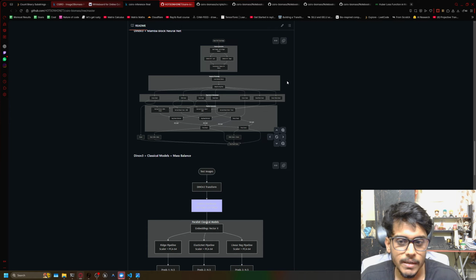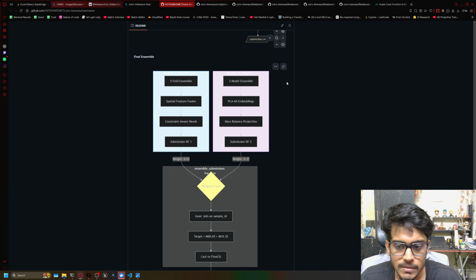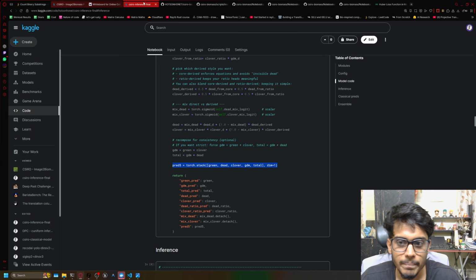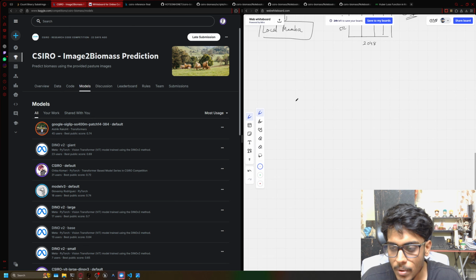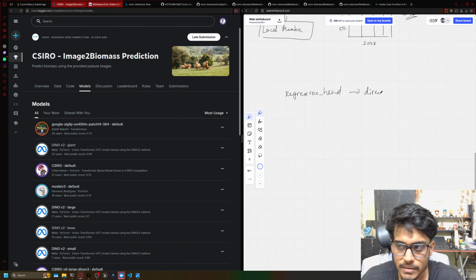Now, for me to choose a loss function, I was using a combination of two loss functions, since my model was learning two things: from the regression head, the direct value you can say, and from the ratio head, the percentage of that.